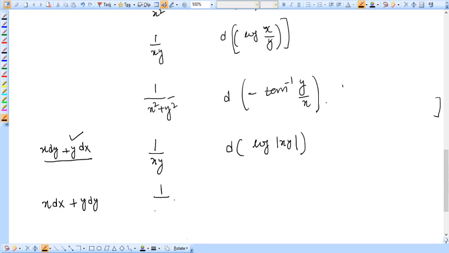It remains exact if it is multiplied by 1 over x square plus y square, and it becomes equal to the differential of half log x square plus y square.